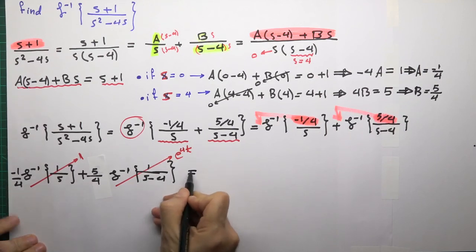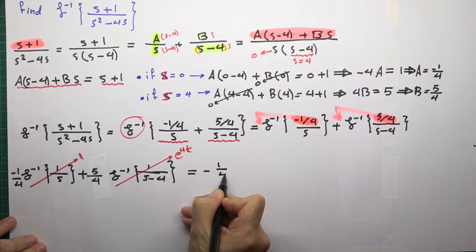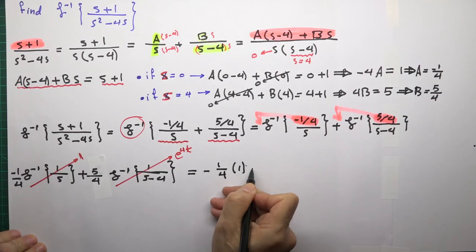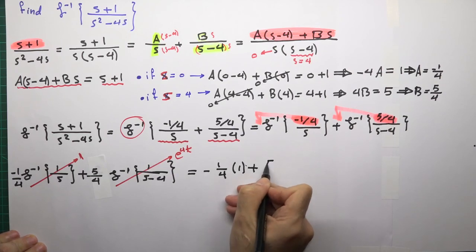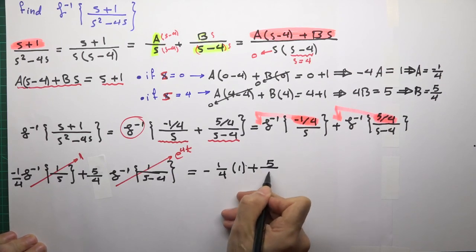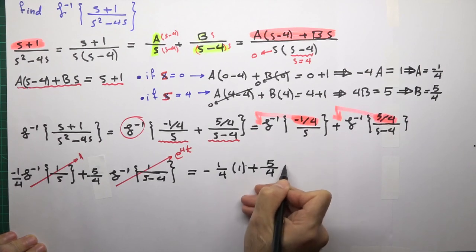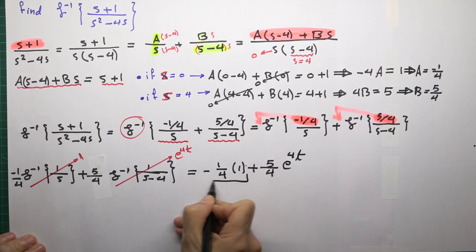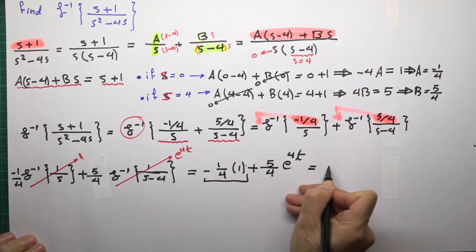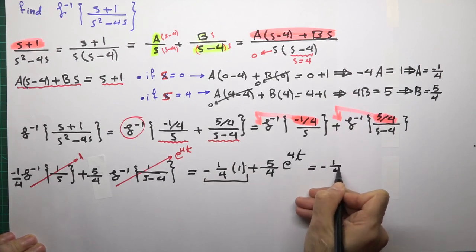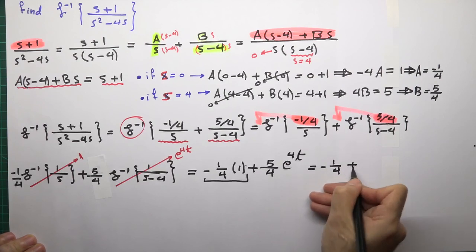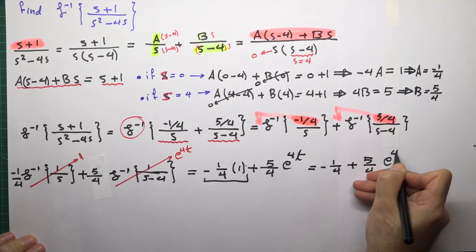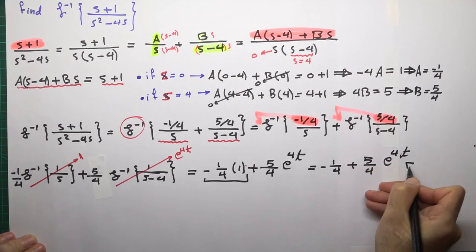So my last step is minus 1 over 4 times 1, plus, we might have one more step just to simplify things, e to the 4t. I just have to multiply this by this, so it will be minus 1 over 4 times 1, minus 1 over 4 plus 5 over 4, then e to the 4t.